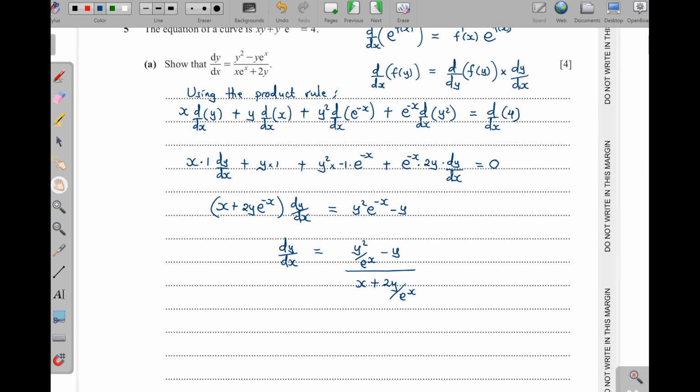Now, looking at what we are having here, let me just simplify this fraction, okay? So I'm going to do an operation on this one here, and the same operation should be done on this one here. So I can just say multiply by e to the power of x, as simple as that. Multiply by e to the power of x.